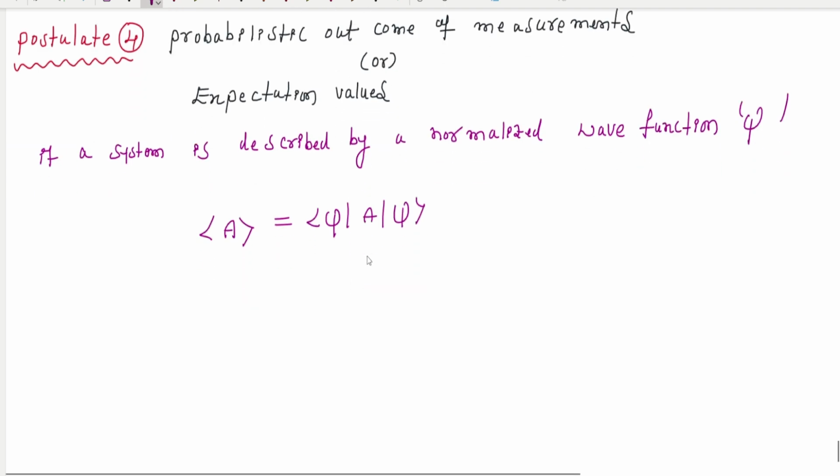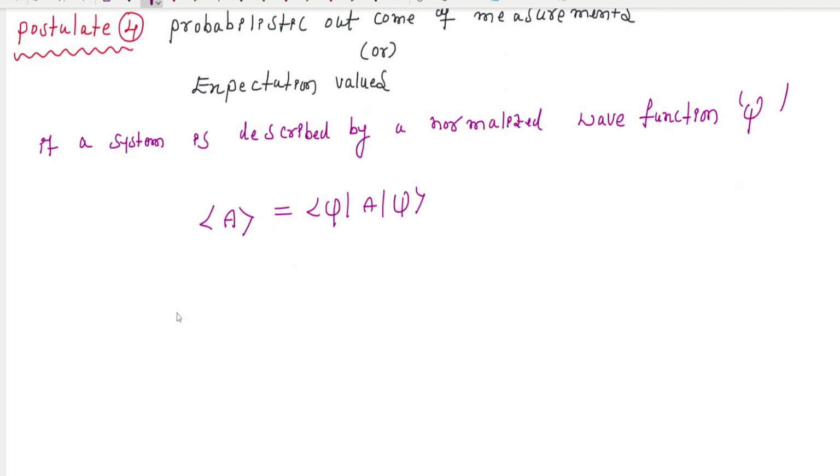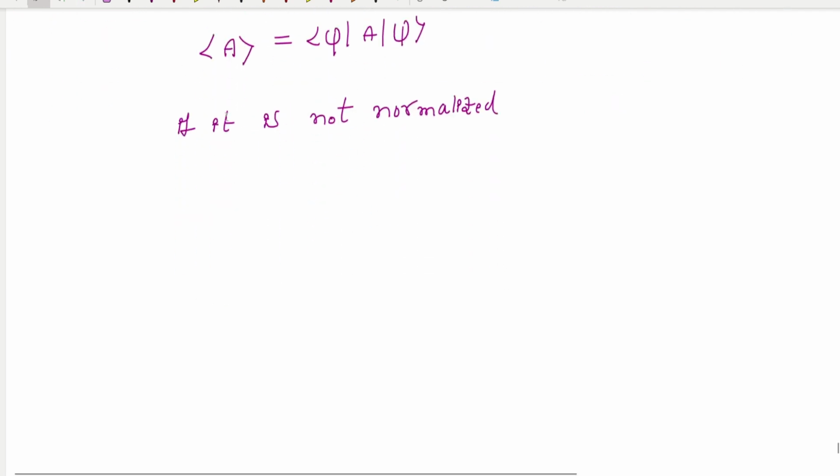If it is not normalized, then we can write it like this. We already discussed what normalization is, the norm of this equation, and the probability of the function.